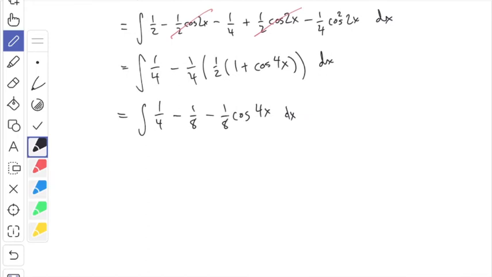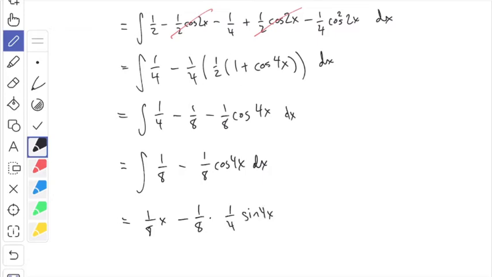So this is 1/8 minus 1/8 cosine 4x. And then we can just do these integrals. So I get 1/8 x minus 1/8 times 1/4 sine 4x. And that's that. It's as simple as that. This is just a lot of individually simple tricks, but it ends up being a kind of complicated process.